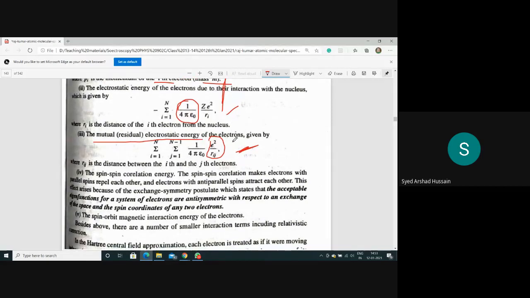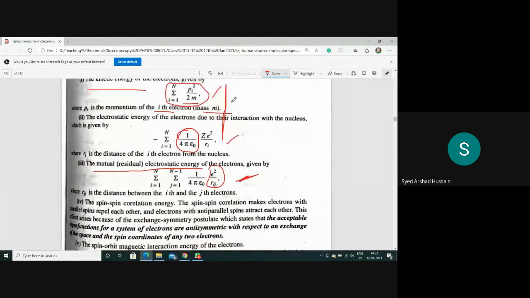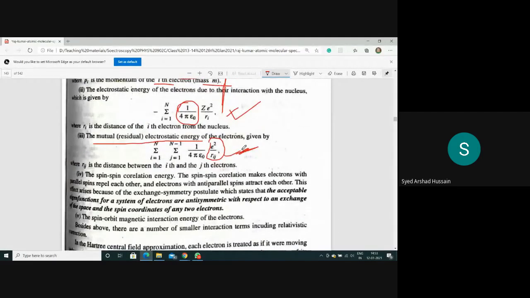And charge e for all, that's why e into e is e square. So this term is due to interaction between electrons, each and every electron with all the remaining electrons. This is called the mutual residual electrostatic energy of the electrons. So in your Hamiltonian, in addition to kinetic energy and potential energy, you will have this term also.